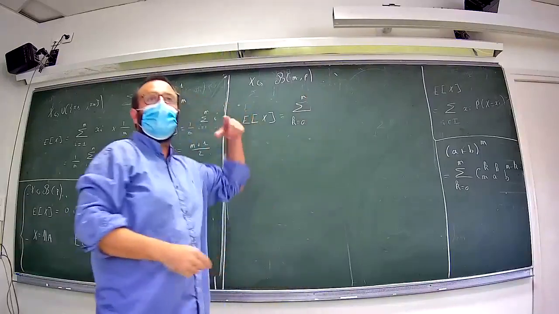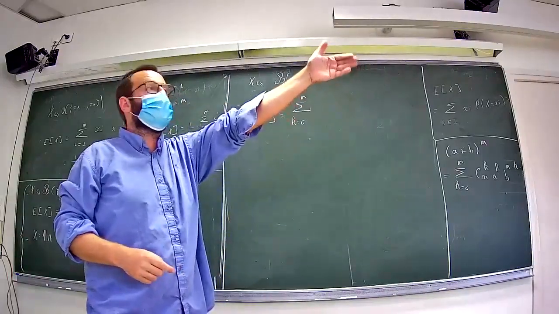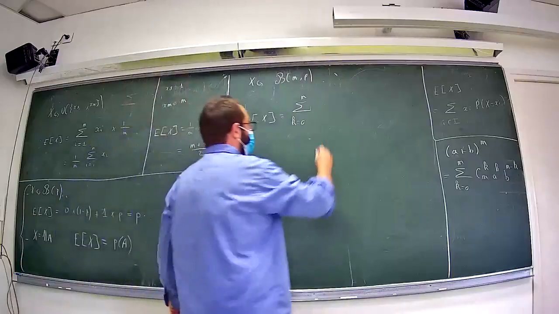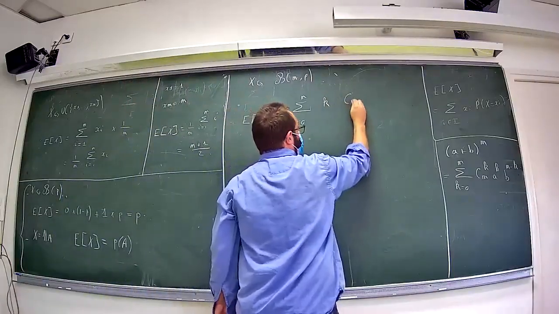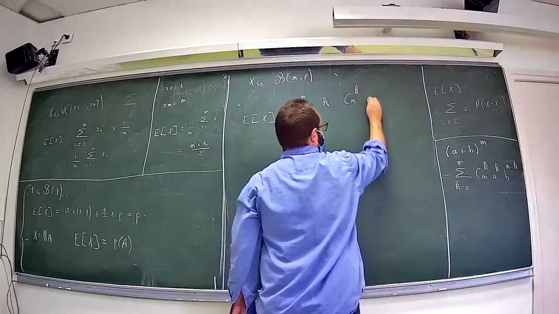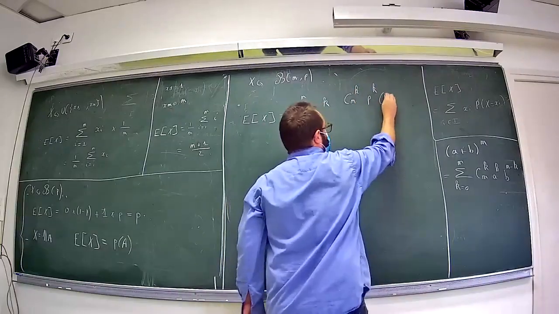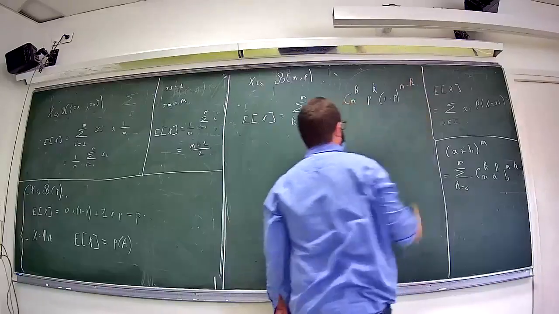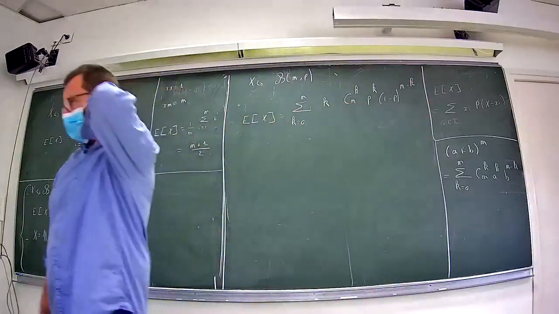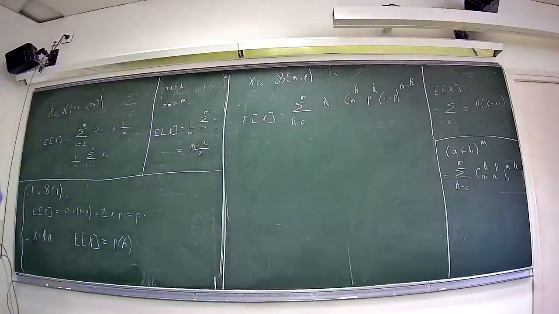The set of the possible values, that are k equals to 0, 1, 2, and so on. So I have k, C(n,k), p^k, (1 minus p)^(n minus k). Okay?